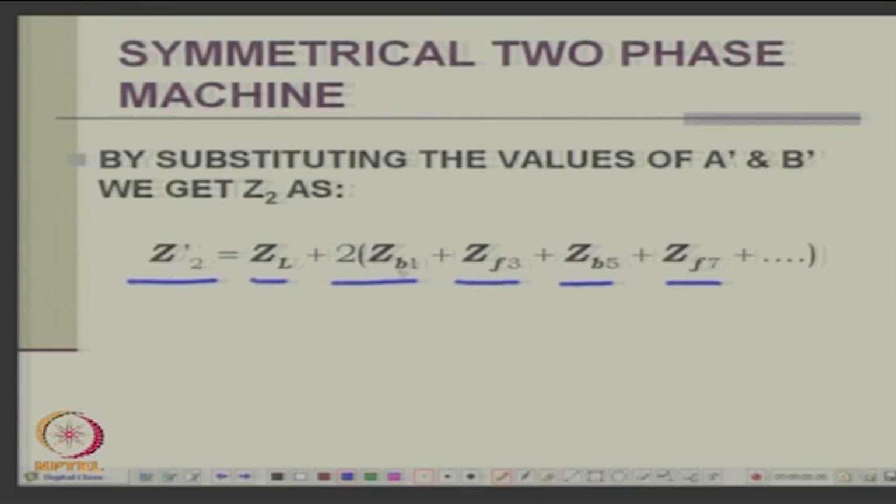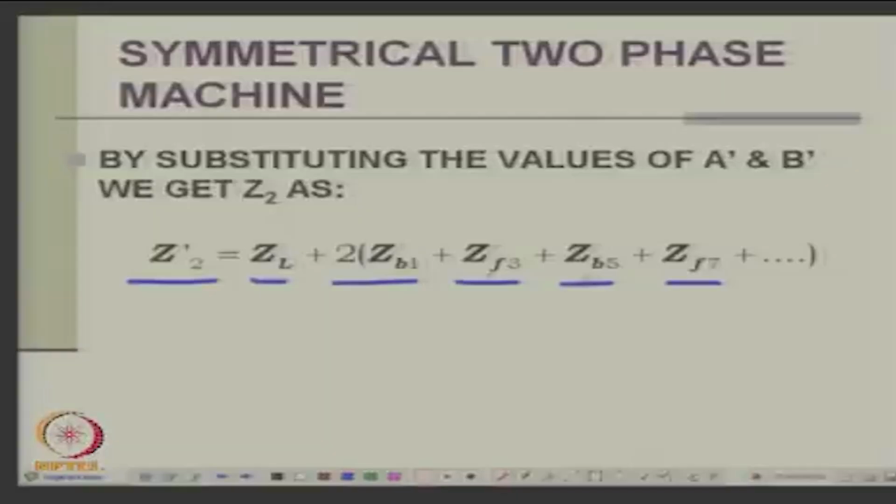So if you apply 2 phase negative sequence, you are associating with backward rotating field fundamental, forward third harmonic, backward fifth harmonic and forward seventh harmonic. In fact, forward seventh harmonics were available in a positive sequence in a 3-phase system, right. Okay. So you have a new situation. Third harmonic, whatever was available was in zero sequence in the third harmonic, now there is no zero sequence here. Okay.